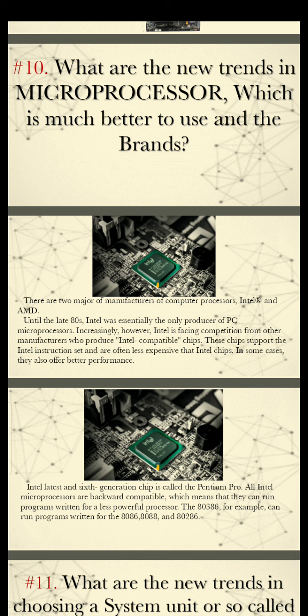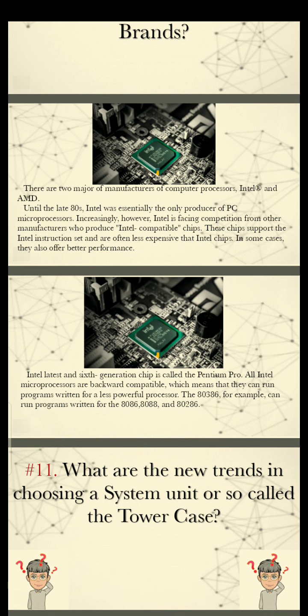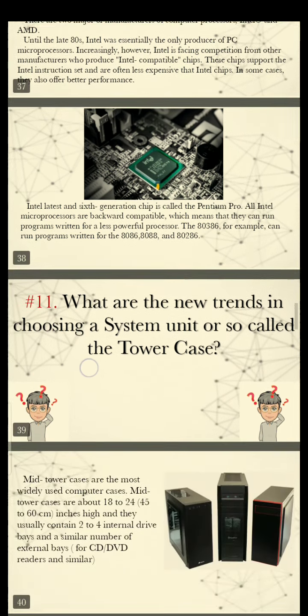However, Intel is facing competition from other manufacturers who produce Intel-compatible chips. In some cases, they also offer better performance. Still, it's much better to use the Intel brand. Intel's latest 6th generation chip is called the Pentium Pro.